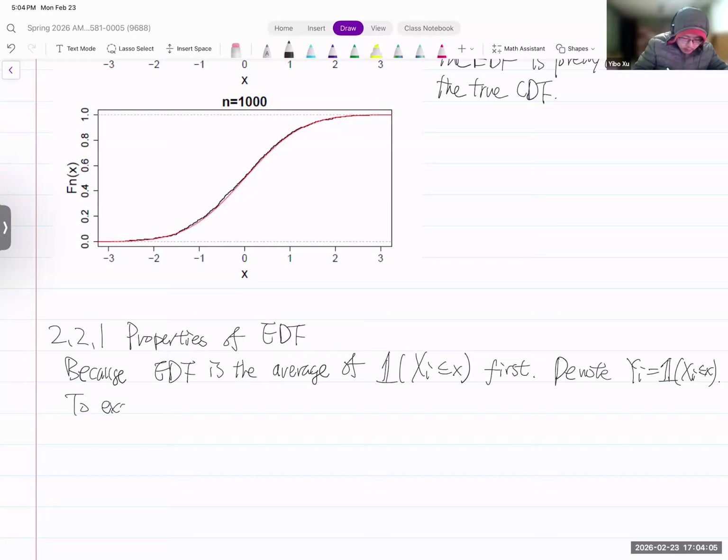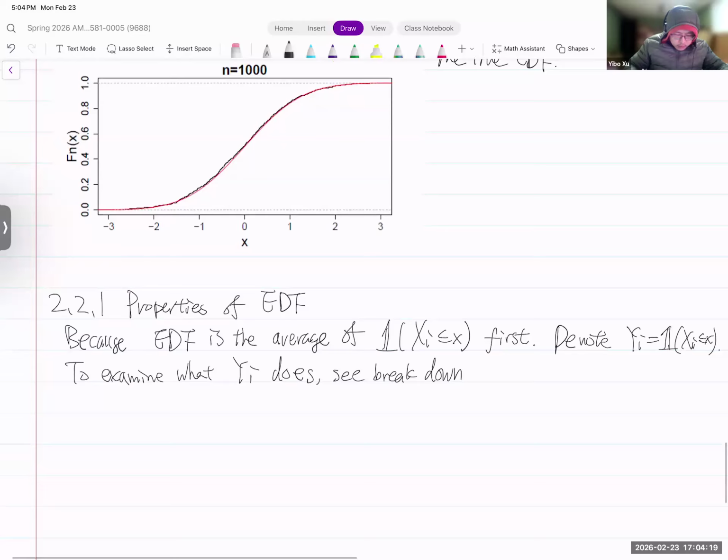To examine what Yi does, see the breakdown. Remember this indicator function only returns two values. So Yi equals either 1 or 0.